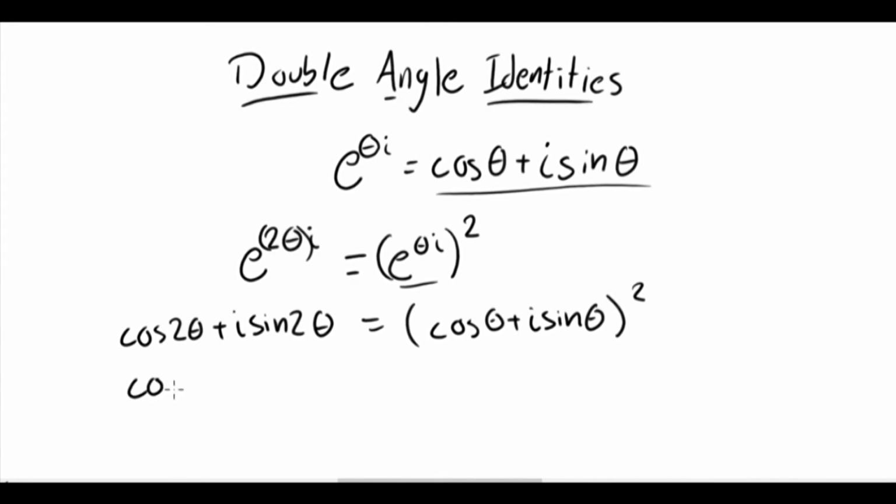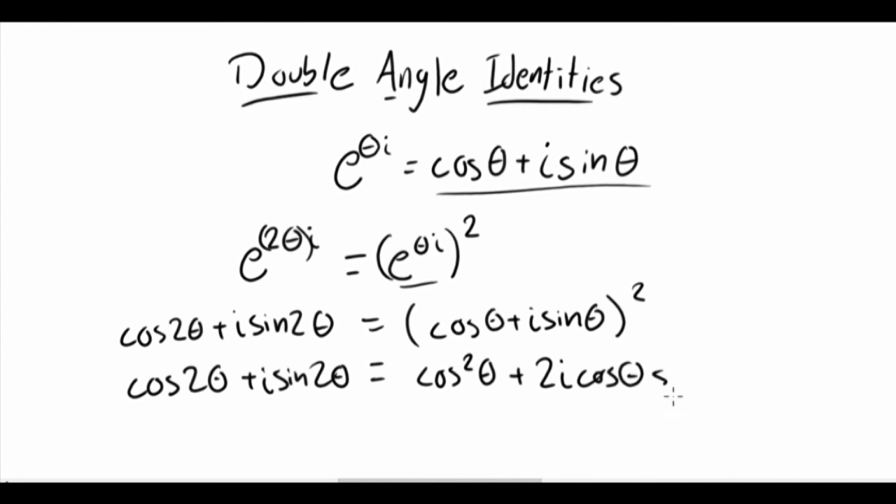So the left side is going to stay the same, but we're going to expand the square on the right side. So we have cosine squared theta plus 2i cosine theta sine theta minus sine squared theta.